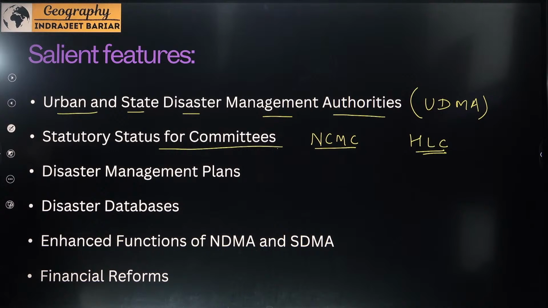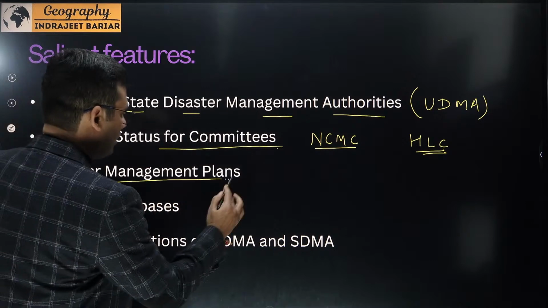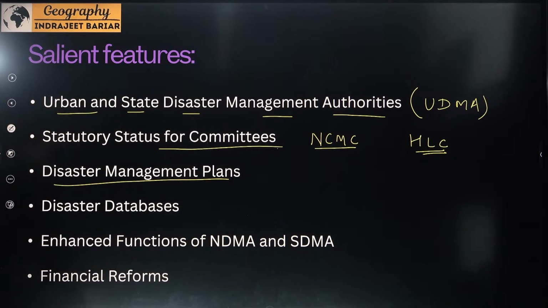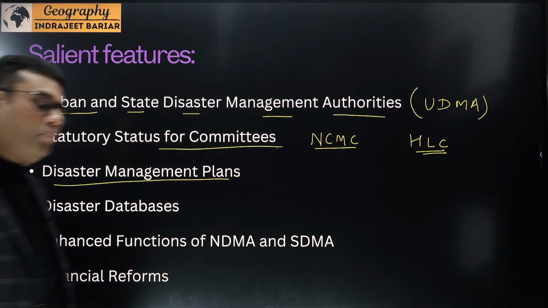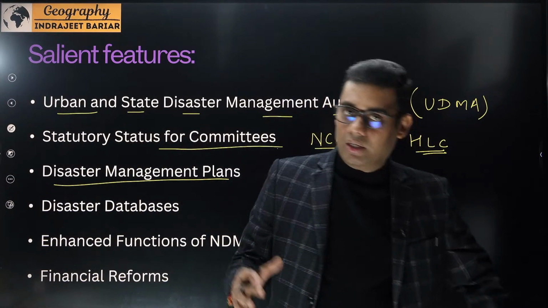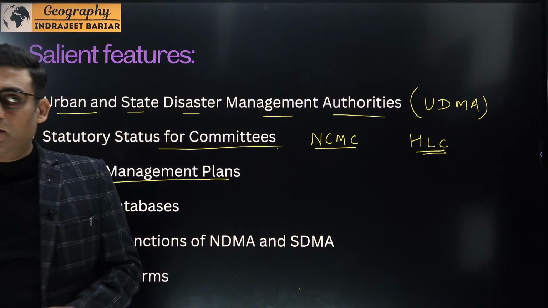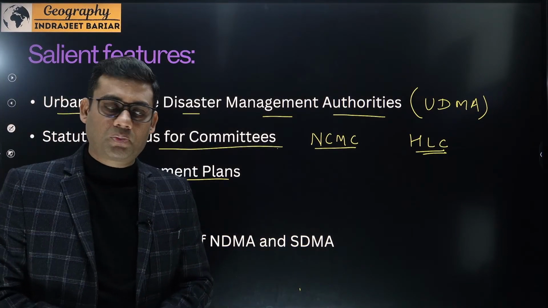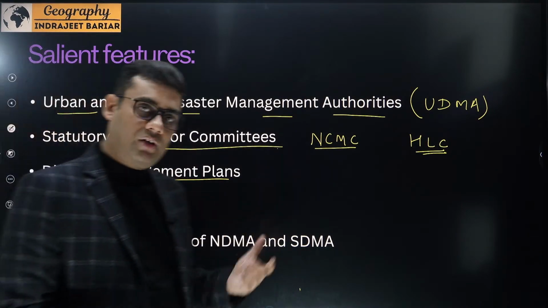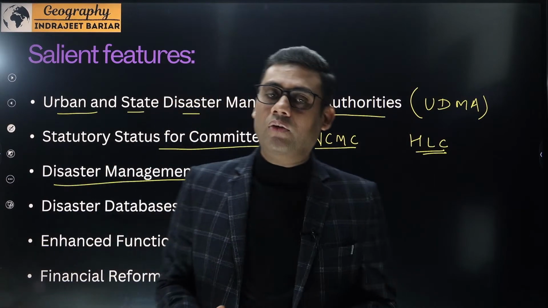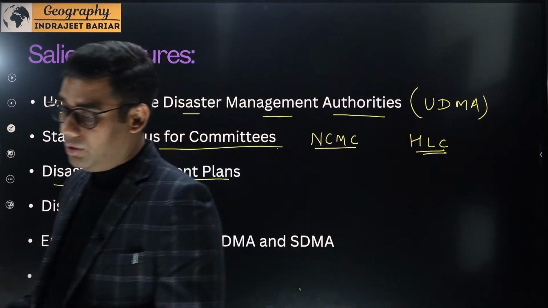Then we have the next salient feature, which is the preparation of disaster management plans. In the earlier National Disaster Management Act, the responsibility of preparation of the disaster management plan lay with the executive committees.